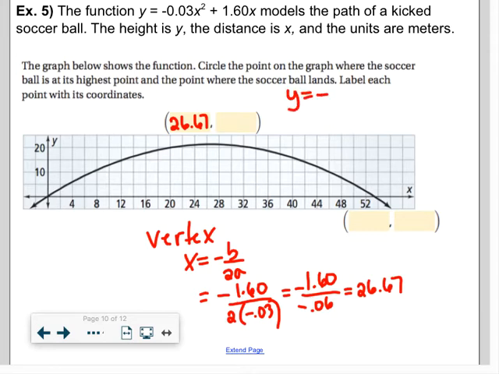To get the y-coordinate, you're definitely going to want a calculator here. Then you're going to plug it in to get the y value. I'm going to hang on here while you work it out. I'm getting 21.33.